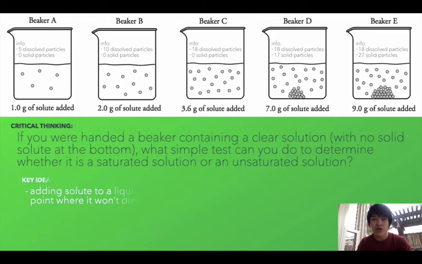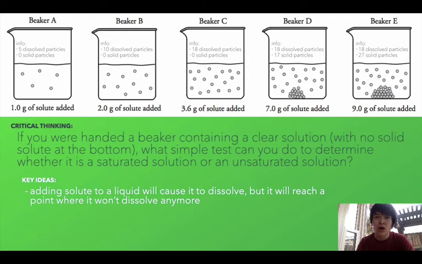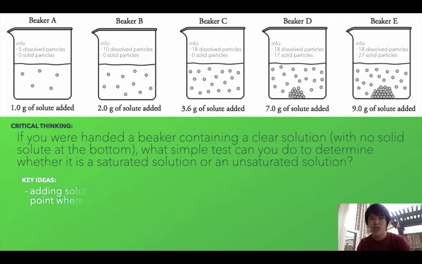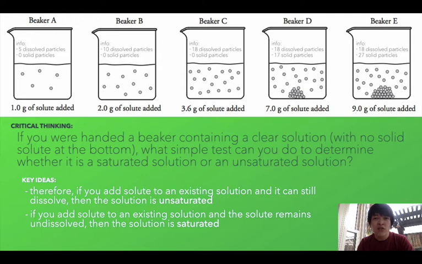To answer this, we should already know that adding solute to a liquid will cause it to dissolve, but it'll reach a point where it won't dissolve anymore. This means that if you add solute to an existing solution and it can still dissolve, then that solution is unsaturated.